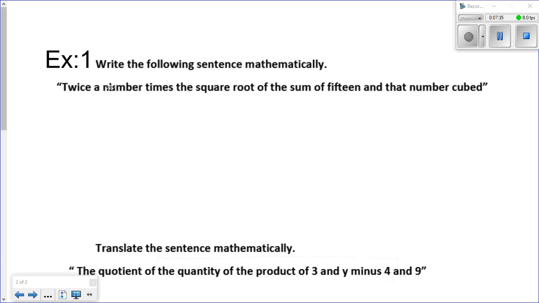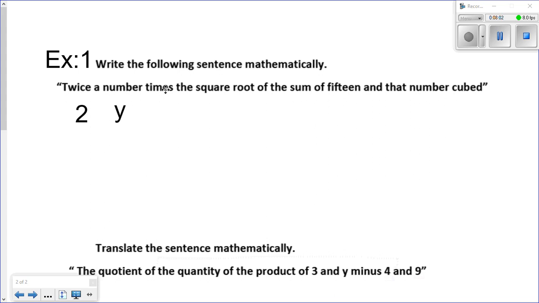Okay, so we're going to go ahead and translate these words into math. What I like to do is go through and make sure I know what symbols they actually are representing. So twice a number, or twice, means that I'm going to be multiplying by 2. A number is just any number, but since we don't know what it is, we can't just put a number there. We have to put a variable.